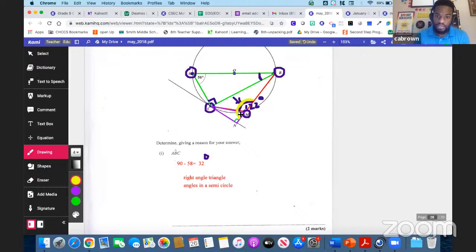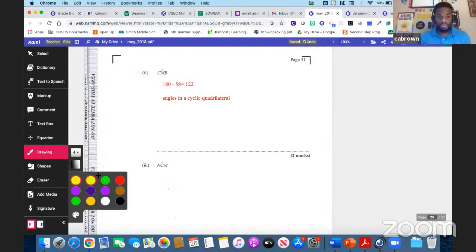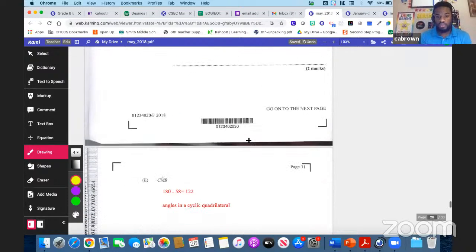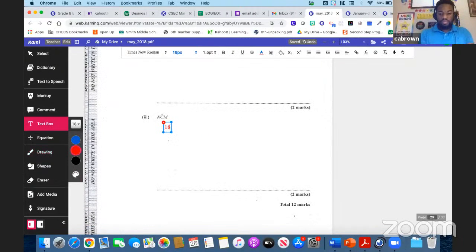So in order for us to get this little part right here, it would be 180 minus 122 first. That gives us what, 58?